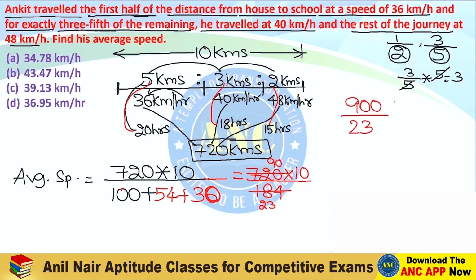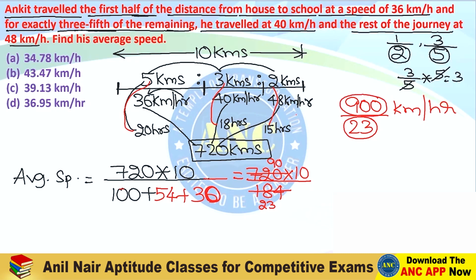But you should convert that into decimal value. 900 divided by 23, you just calculate it, sir. You can check it like this. 23 into 40 is 920, because 23 into 4 is 92. But it is slightly lesser than 920.